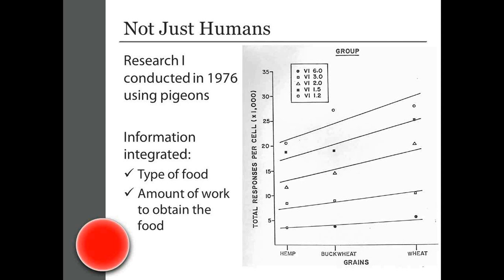So the pigeons were evaluating the food in the context of how hard they had to work for it. And when it was a lot of work, the bottom line there, you can see that while the differences between the foods were still apparent, they weren't judged very highly in general. Wheat was not judged highly when they had to work really hard at it.